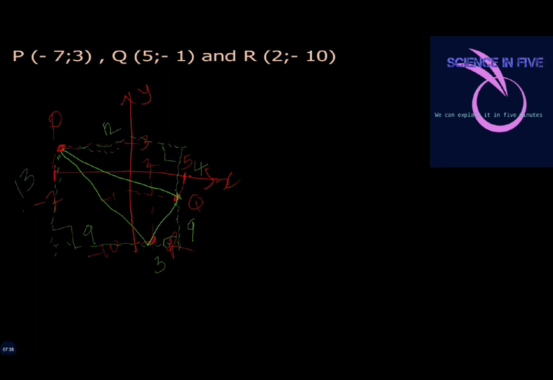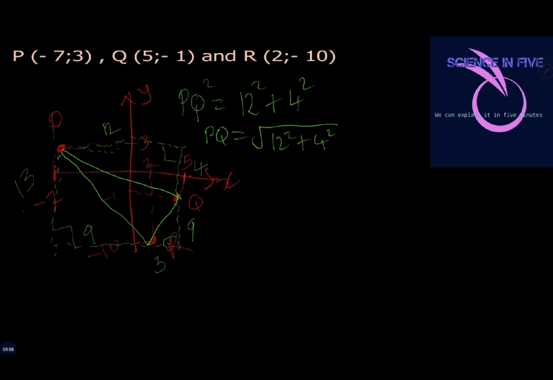Now we can use the theorem of Pythagoras to work out, for example, PQ. So PQ squared is going to be equal to 12 squared plus 4 squared. Therefore PQ must be the square root of 12 squared plus 4 squared.